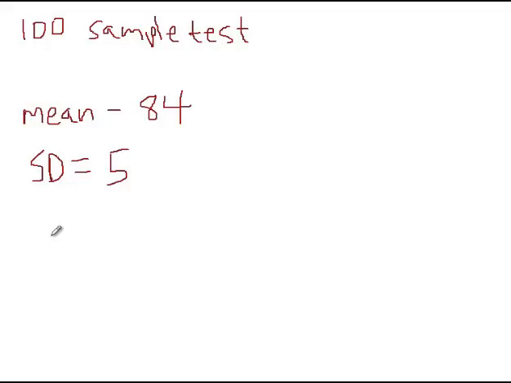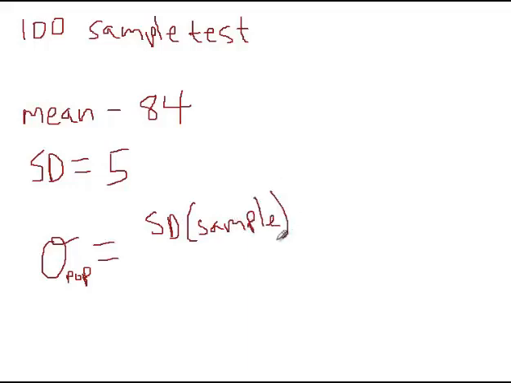The way you figure out the population standard deviation, the standard deviation of the whole thing, our sigma of the population, we'll write that over here, is you take the standard deviation of your sample and divide it by the square root of the sample size.